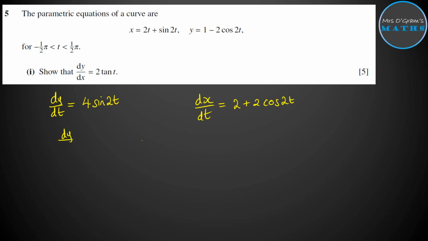Now dy by dx is equal to dy by dt multiplied by dt by dx. So we get 4 sine 2t over 2 plus 2 cos 2t. And we need to turn that into something to do with tan of just regular t rather than 2t. So we're going to use the double angle formulae to try and sort this out.